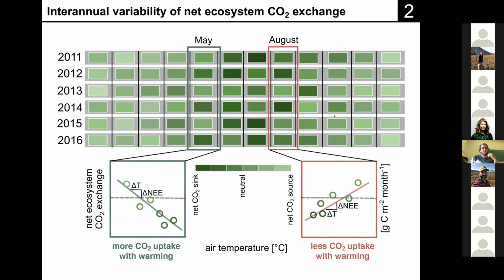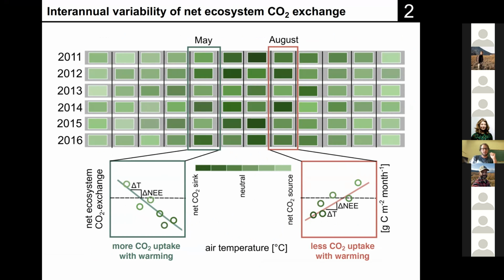So how can we do this? We use eddy covariance data from multiple sites. We use at least 5 years of data to get interannual variability. And then we work with monthly data. If you look, for example, at the time series, this is just visualized in colors. You could look into an individual month.